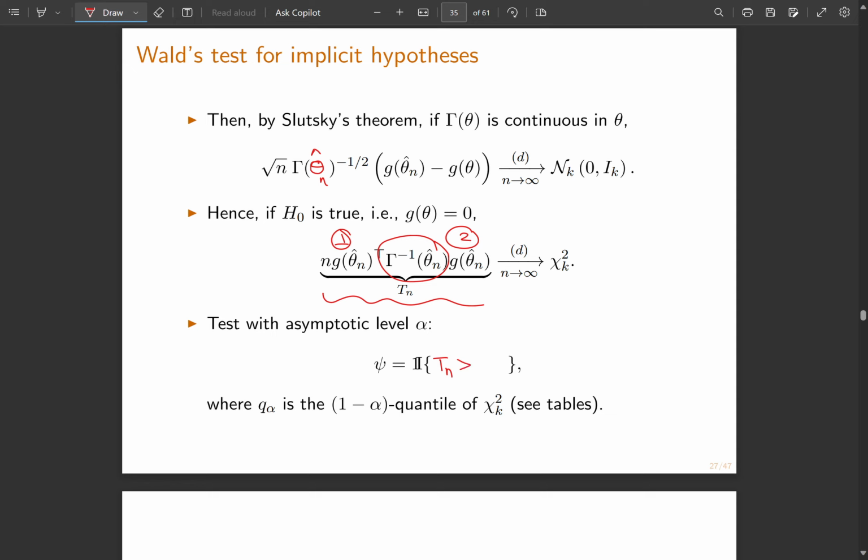It should be Q alpha, the quantile of chi-square distribution with k degrees of freedom, where Q alpha is the 1 minus alpha quantile of the chi-square distribution. And to understand the value of this, we need to look at the table.